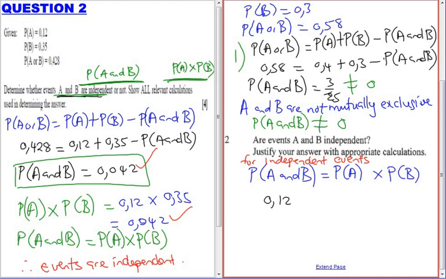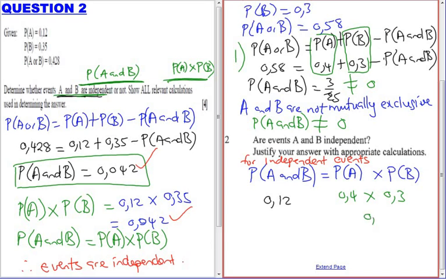Let's see now if the left-hand side will be equal to the right-hand side. What was the probability of A? Looking at this, I can see the probability of A must have been 0.4, and the probability of B must have been 0.3. You see where I'm pulling them up? Multiplying those two, 0.4 times 0.3, I am getting the same 0.12.